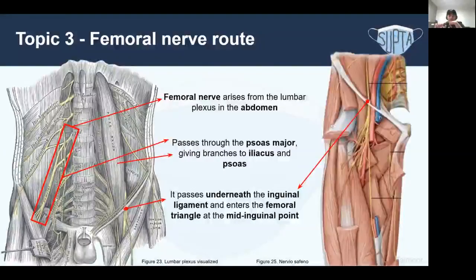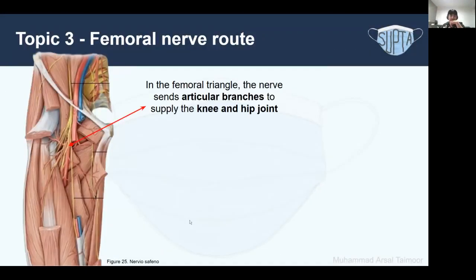The midpoint of the inguinal ligament is relevant because the ligament has its origins at the ASIS and the pubic symphysis. And we'll see that in a moment.